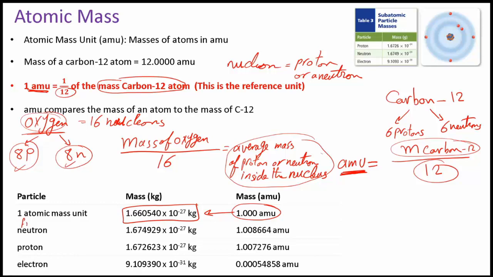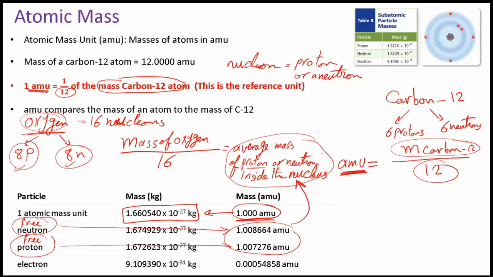If you look at the free neutron or the free proton, you will find that they have more mass than one atomic mass unit. So they have higher masses than the average mass inside the nucleus of carbon 12, or generally in any atom.